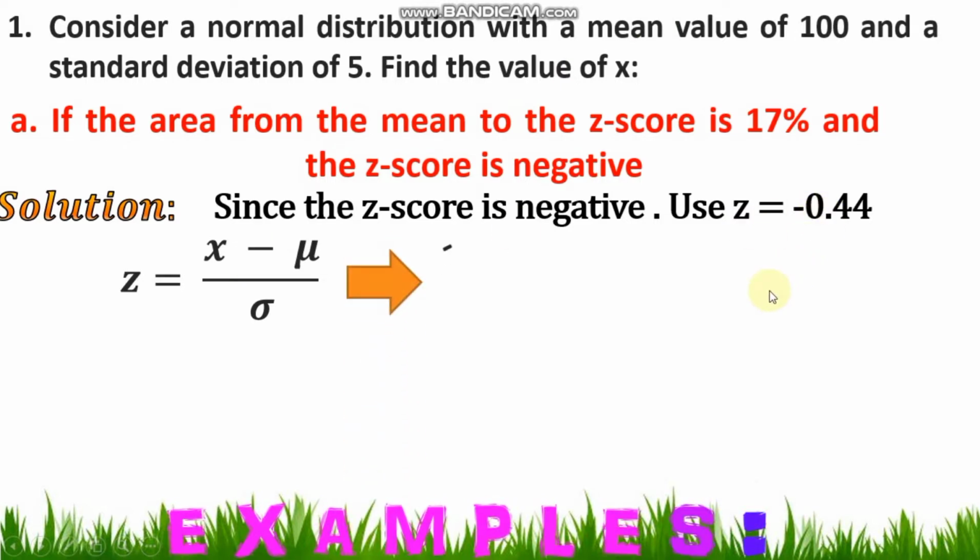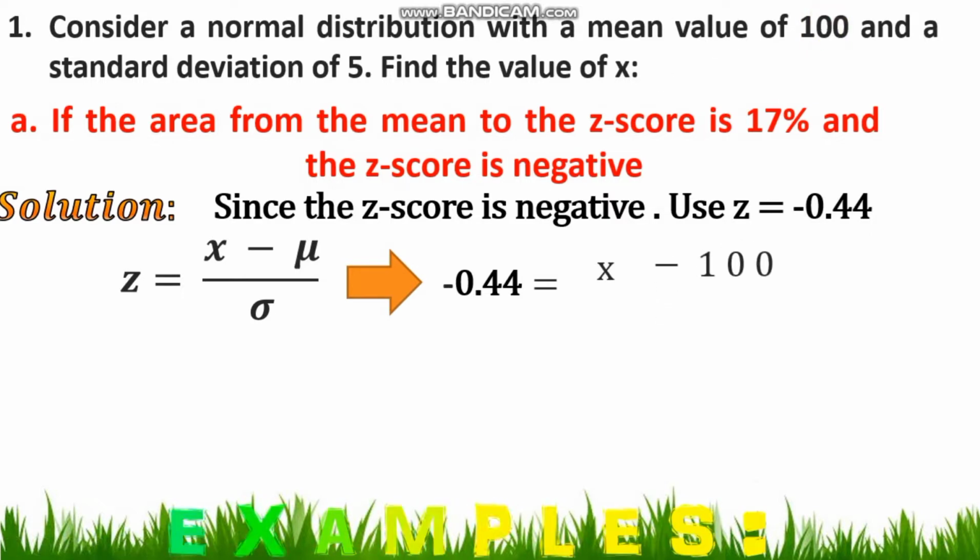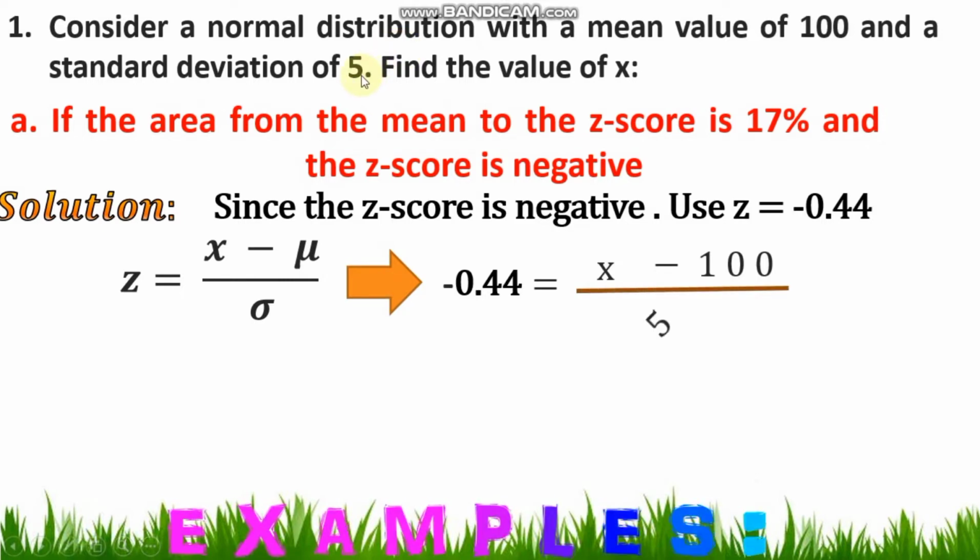That is equal now to x, that's raw score, which is unknown, minus the mean value, which is 100, over the standard deviation, which is 5. So, over 5.